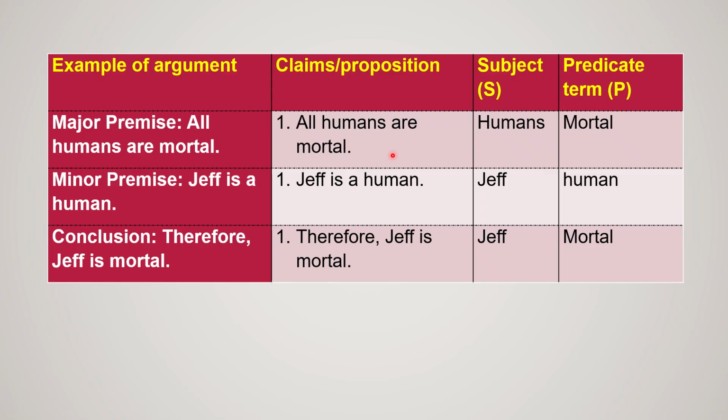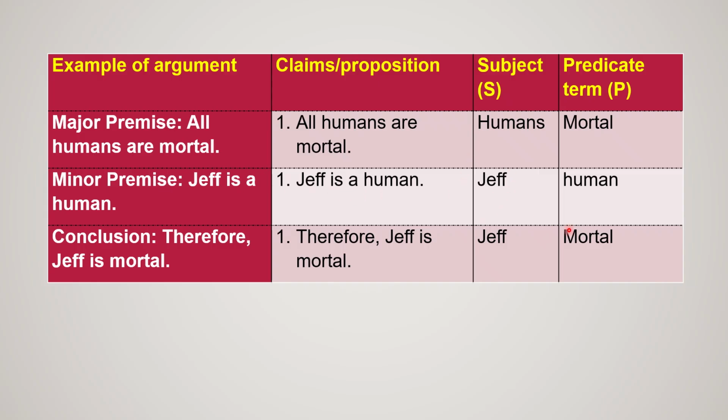When we look at this proposition, all humans are mortal, human is the subject. Mortal is the predicate term. Subject here means the object or the thing or the person who is being referred to, and the action becomes the predicate term. In the second premise, Jeff is a human.